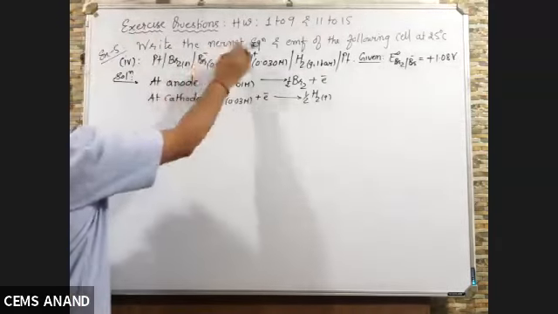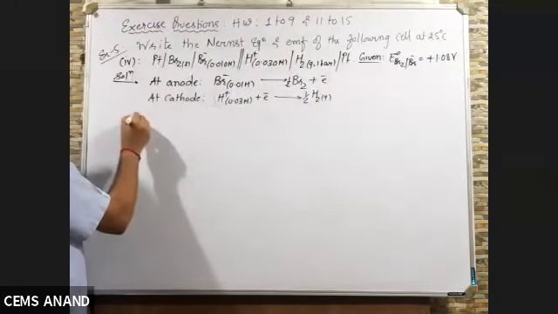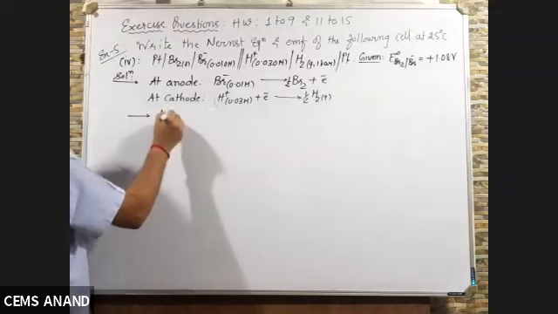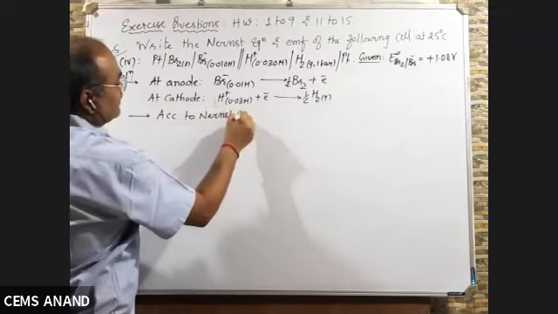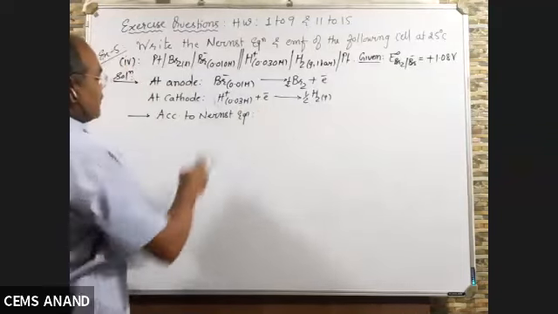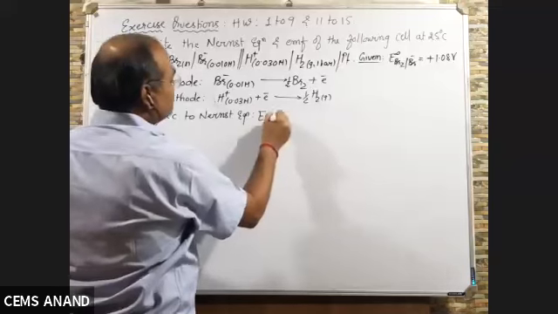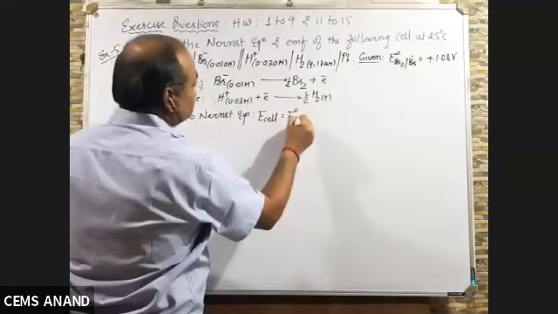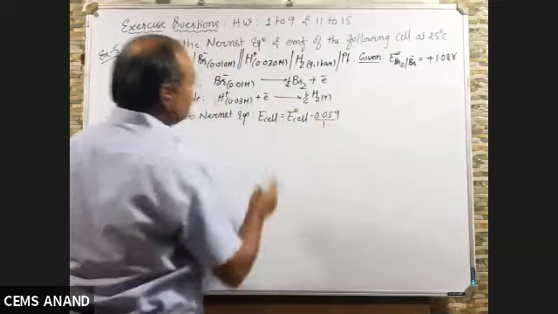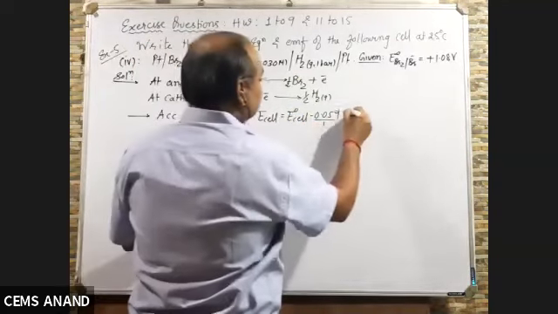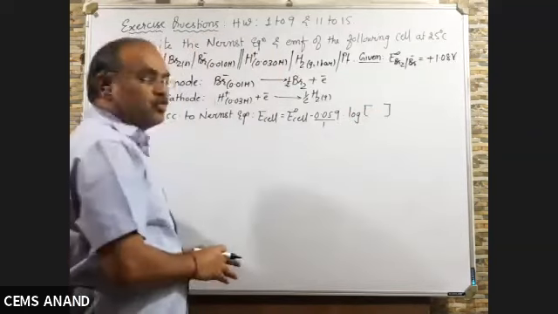Now what is asked? Write the Nernst equation. According to the Nernst equation, E cell is equal to E0 cell minus 0.059 by n, where the number of electrons transferred is 1, into log of product by reactant.